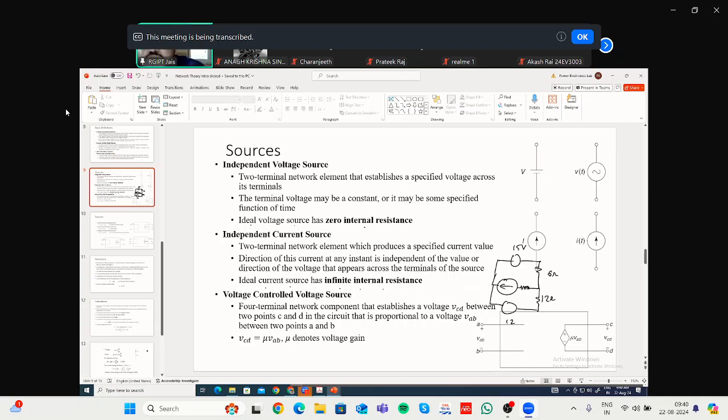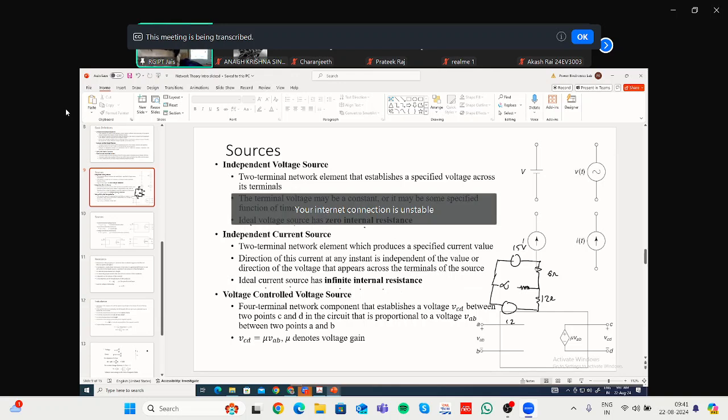Even for this small problem, it will be complex. Since we are considering the resistance of the current source to be very high, you can consider it like an open circuit. That means infinite resistance. It will allow the current outside, but its resistance value is infinite.